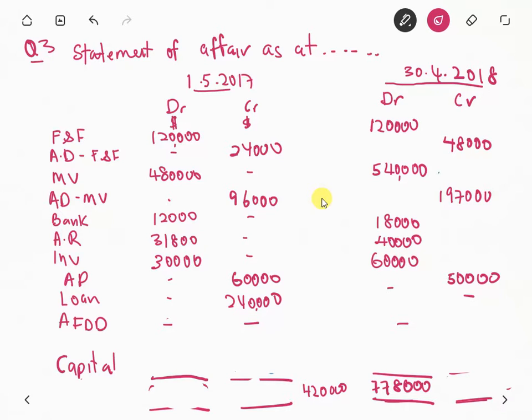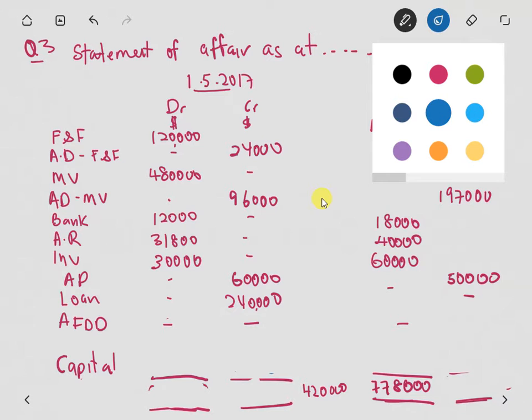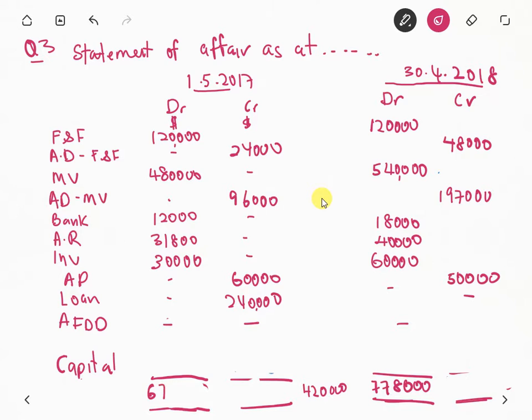Add up debit side, add up credit side, find the missing figure. How much is it? Which one? 673,800 debit side. Credit, you add up here, you have 420.